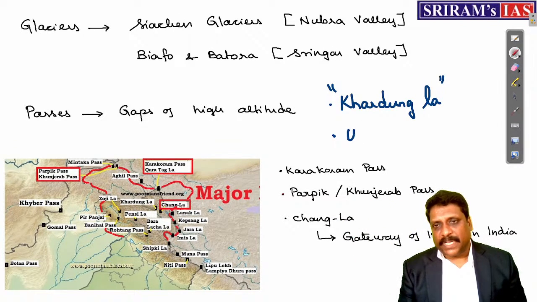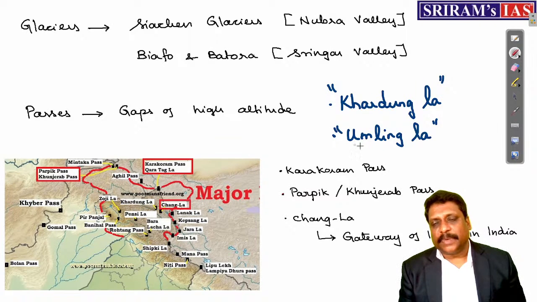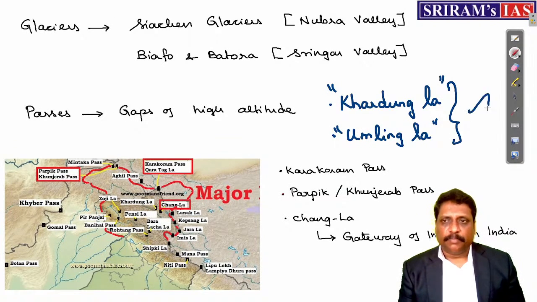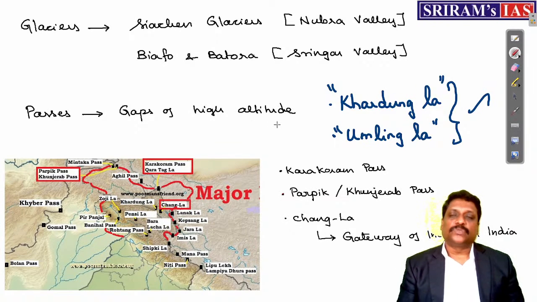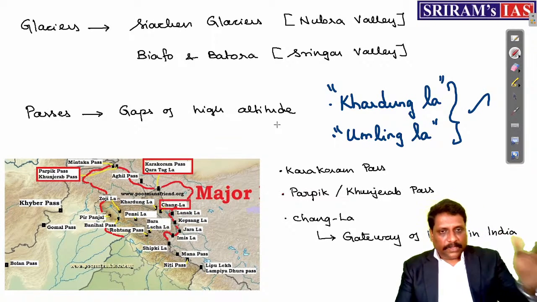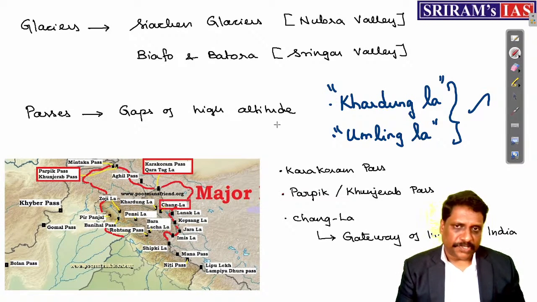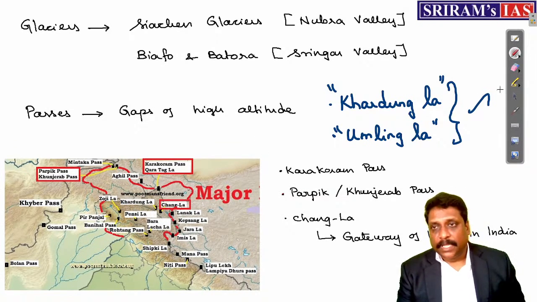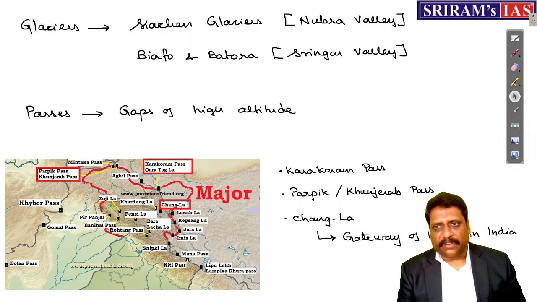You call this pass what? Umlingla. Again, Umlingla is there in the Trans-Himalayan region. So both these passes, I feel, are important. All the passes I have just given you are in the Trans-Himalayan regions. Okay. So these are some of the very important facts regarding the Trans-Himalaya, my dear friends.